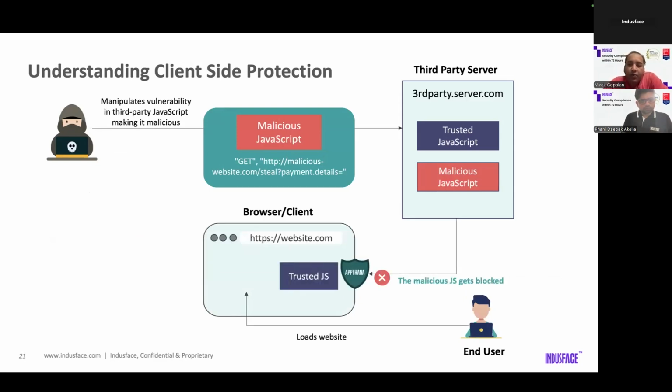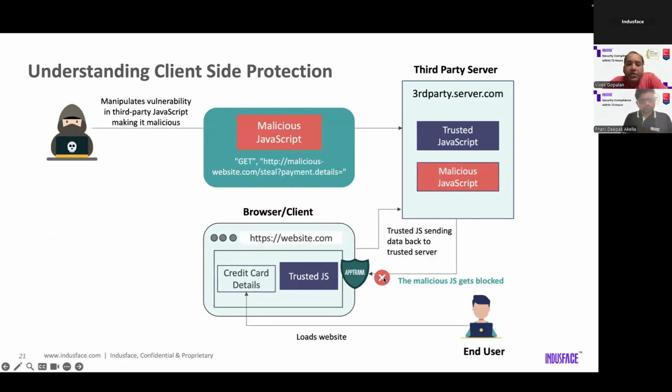When you try to load it, because the malicious script was not part of the accepted behavior, it would have been automatically blocked, which eventually means that when I give the credit card detail, it will not go to the malicious JS or to the attacker. So that's pretty much how the protection works.